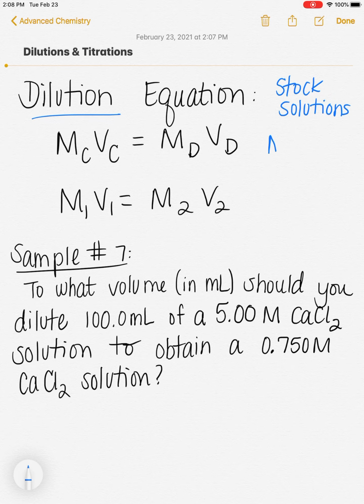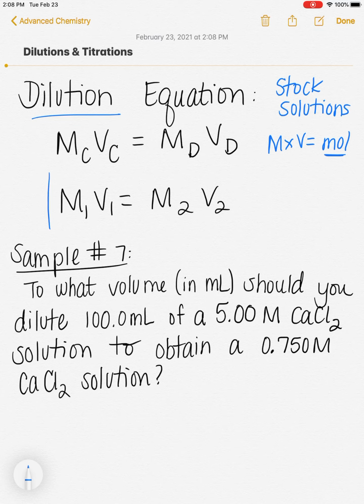And the reason why this works is because molarity times volume will tell you how many moles you have. So when you take a concentrated solution and you dilute it down with water, you are never changing the number of moles of solute. You're just adding or removing moles of solvent to the solution. So the moles of concentrated solution should always be equal to the moles of diluted solution.